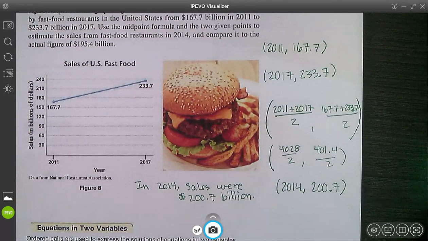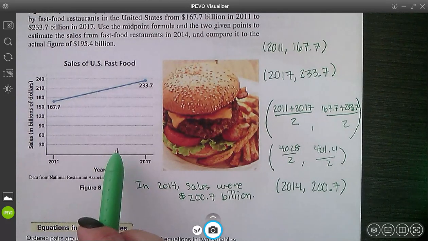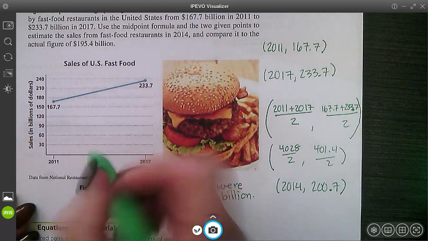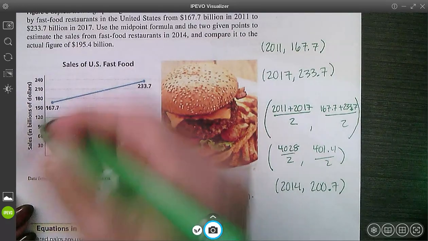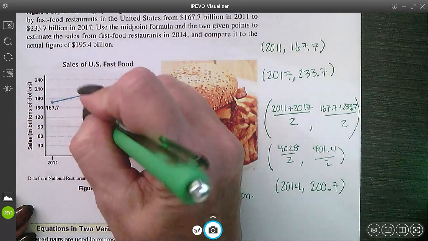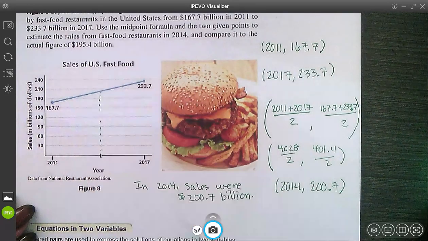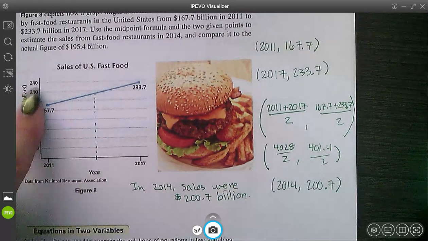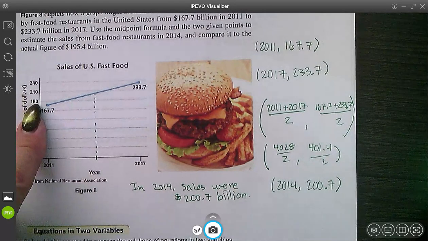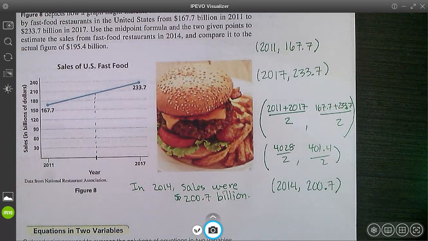If I look at the graph and I go halfway between 2011 and 2017 and estimate about here and then follow that up on my graph, that's somewhere between 180 and 210. So that seems reasonable.